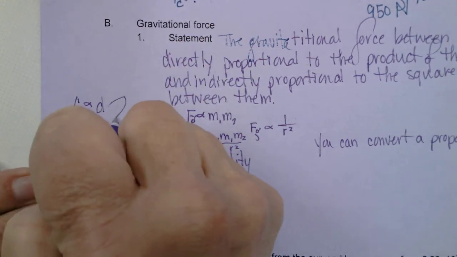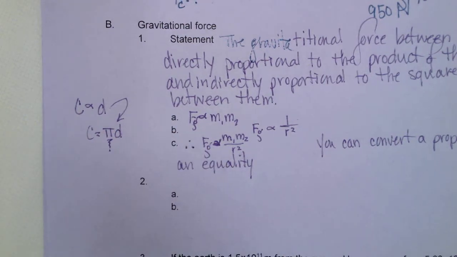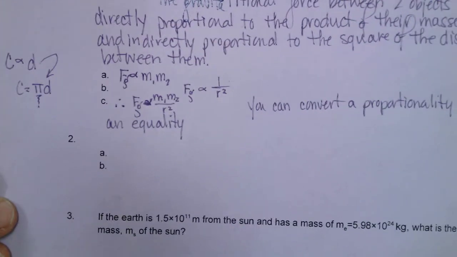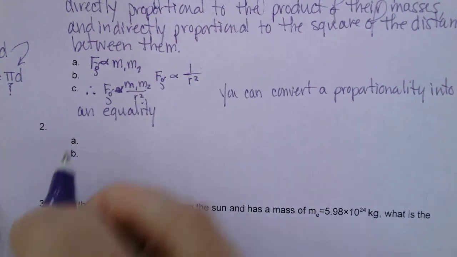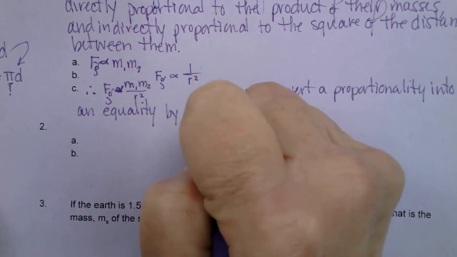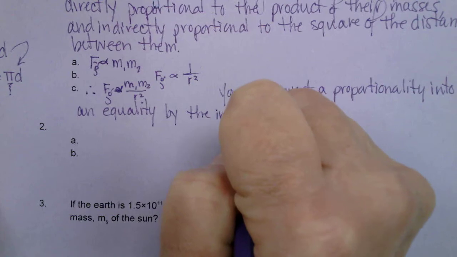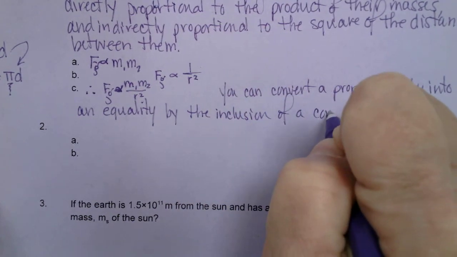How did I get from here to here? I included a constant. I can always go from a proportionality into an equality by the inclusion of a constant. So that's how we're going to finish out our statement. You can convert a proportionality into an equality by the inclusion of a constant.